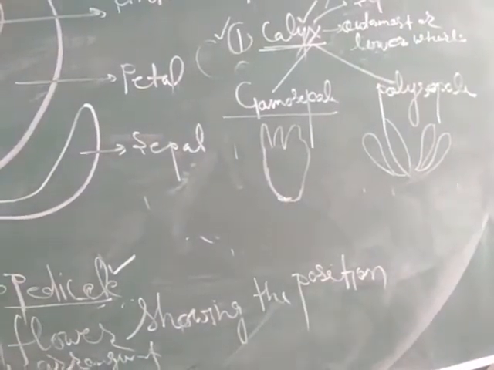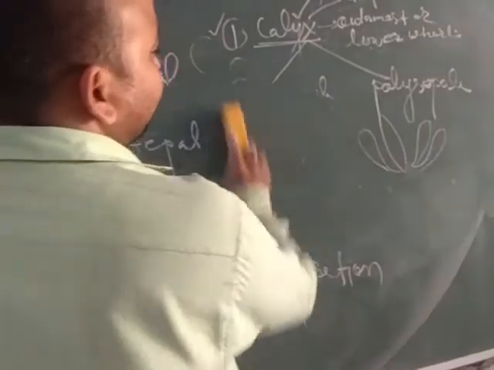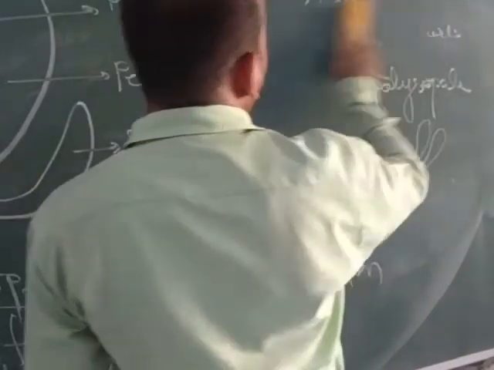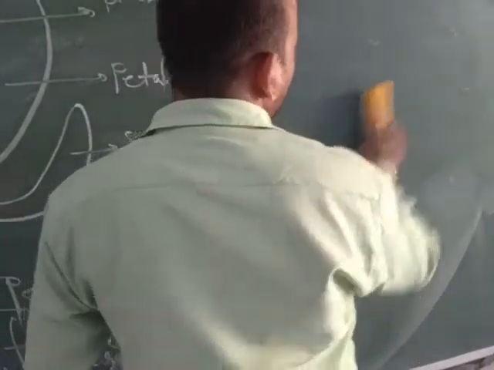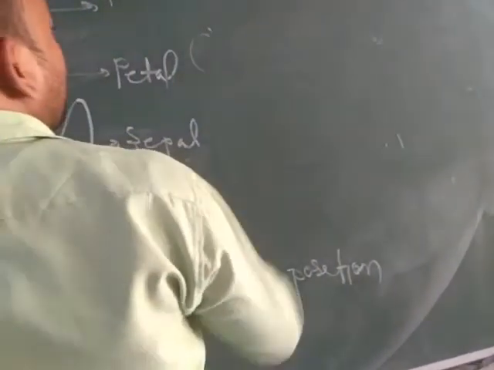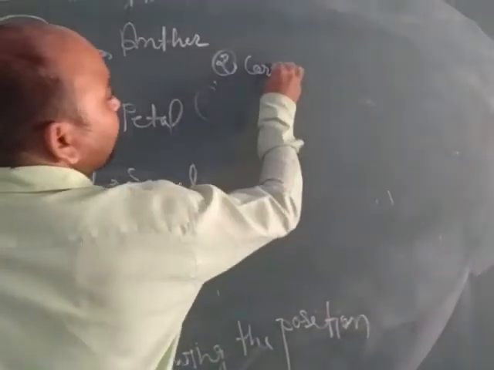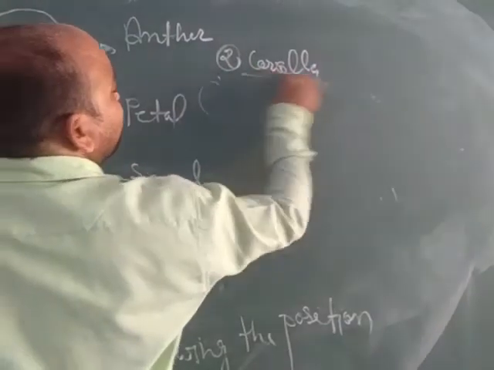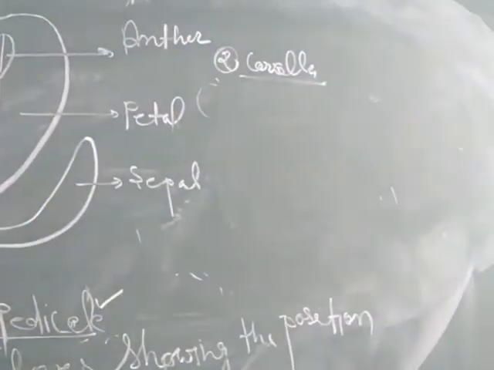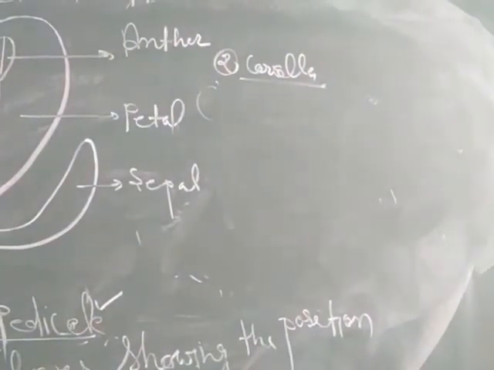We have started discussing the second whorl of the flower, the corolla. As we know, corolla is the attractive part of the flower.